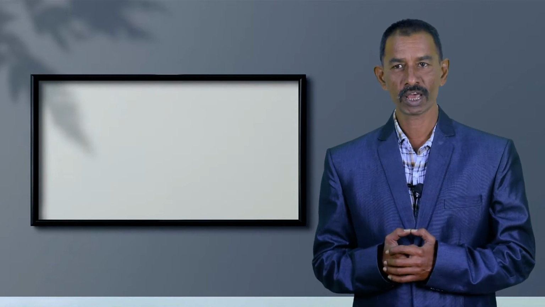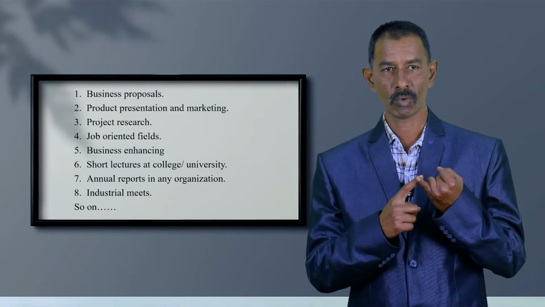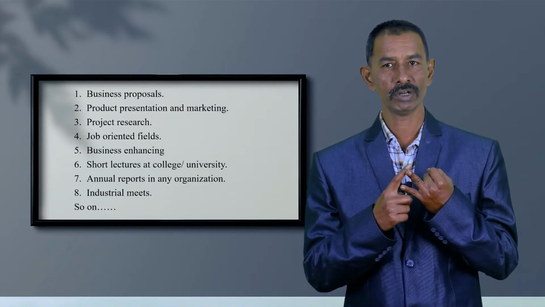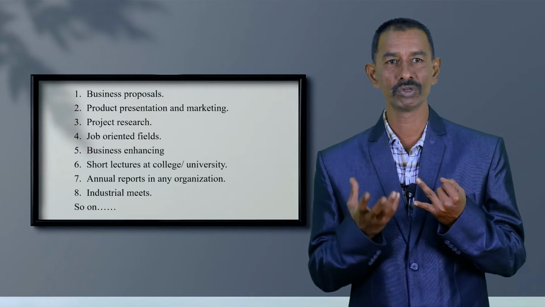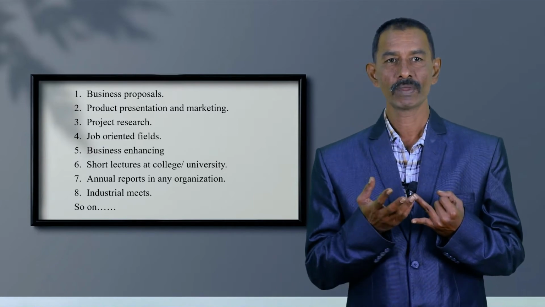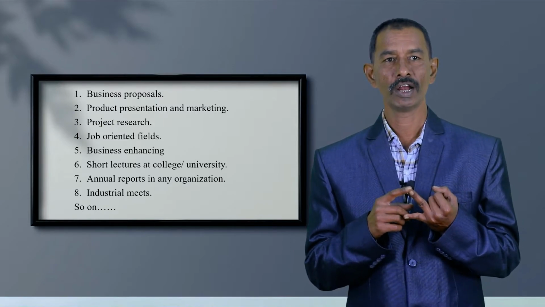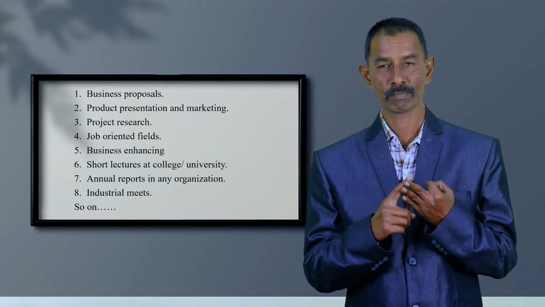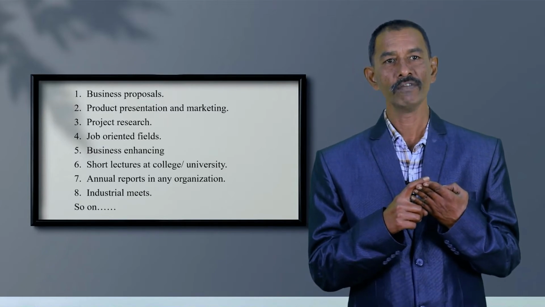The presentations can be made on business proposals. Number one, product presentation and marketing. Whatever products we produce, we are going to present them, and we can do the presentation about the marketing. Number three, project research. Number four, job-oriented fields.